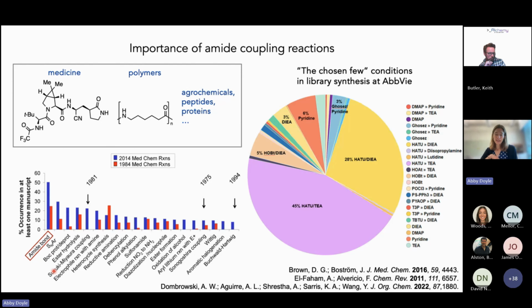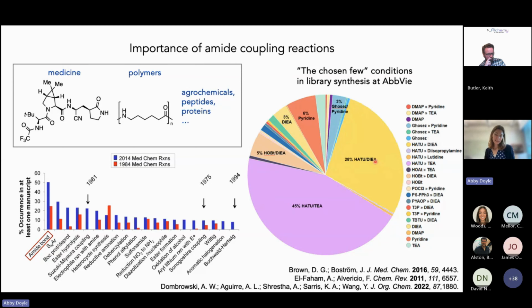Because of that, there's a lot of understanding and data on what conditions medicinal chemists use to do amide bond formation. You can see in this pie chart that the activator HATU and either triethylamine or diisopropylethylamine are the most frequently used conditions for amide coupling.